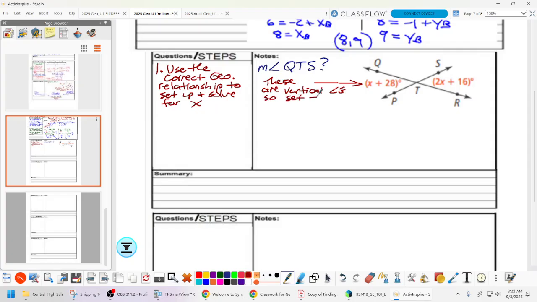So set equal: x plus 28 equals 2x plus 16. Okay, we'll solve that. Hopefully this is easy for you at this point. If not, you better come talk to me, because you are way behind. Okay, x is 12. Are we done?